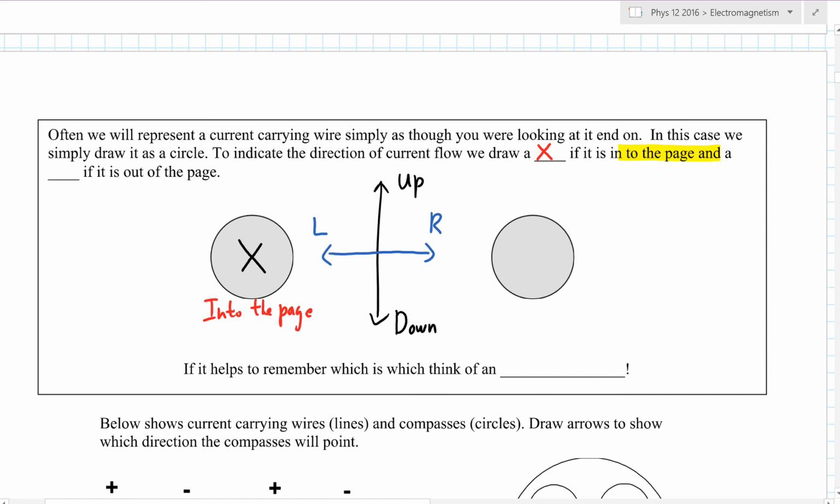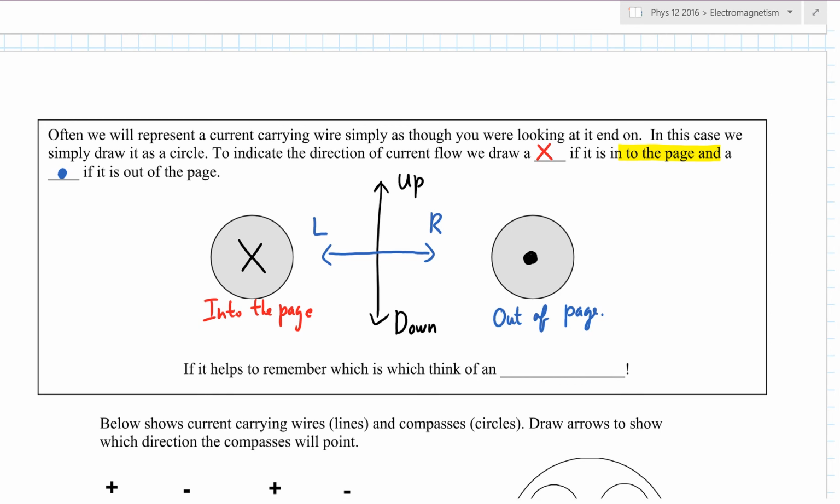If I want to represent out of the page, which is toward you right now, then I will use a little dot, and that represents out of the page. So now we can have 6 directions, right? We can have into the page and out of the page also.